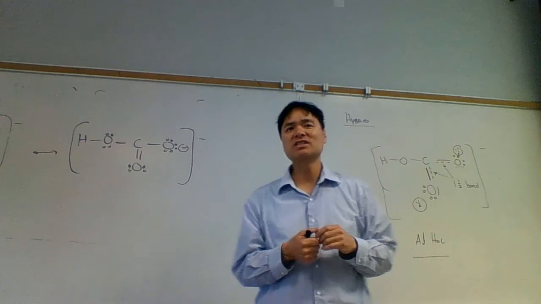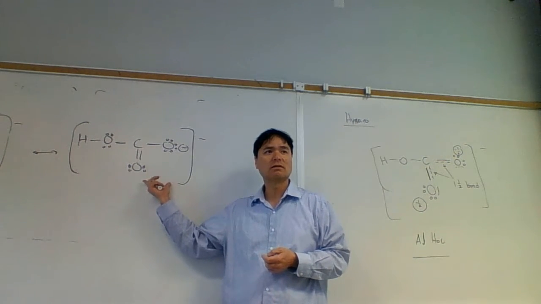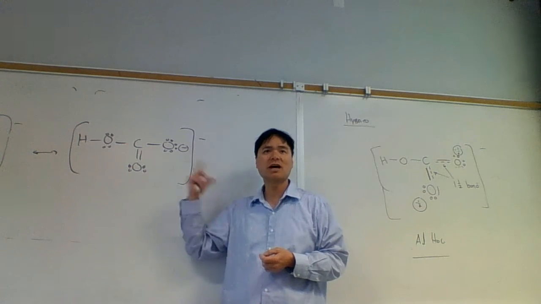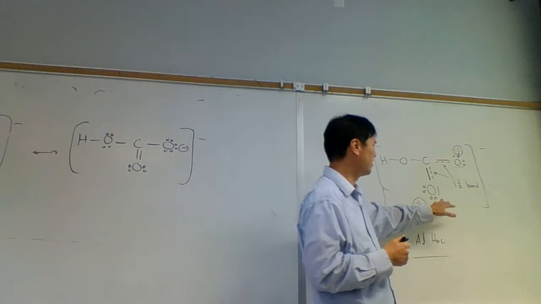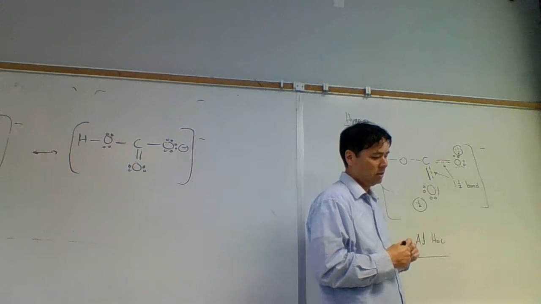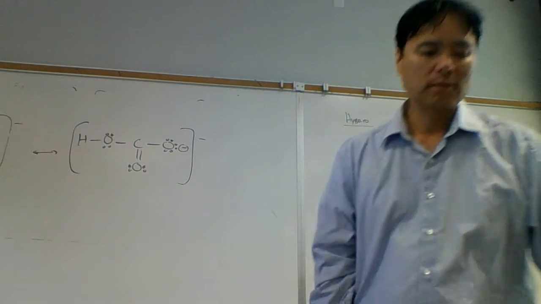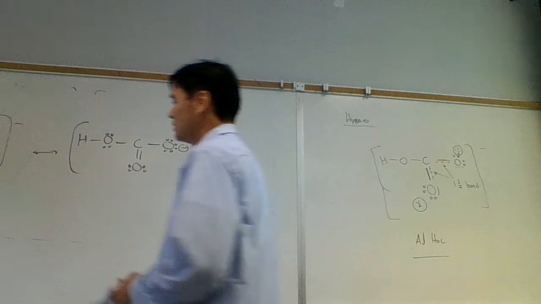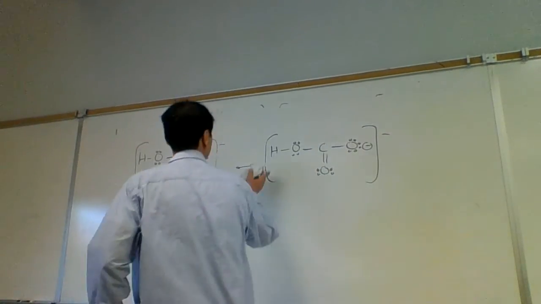When we do VSEPR, we just pick one of these Lewis structures to do VSEPR on, not the hybrid. It would work, but it's just more complicated than what we want to deal with at this time. So we're just going to pick one of these.